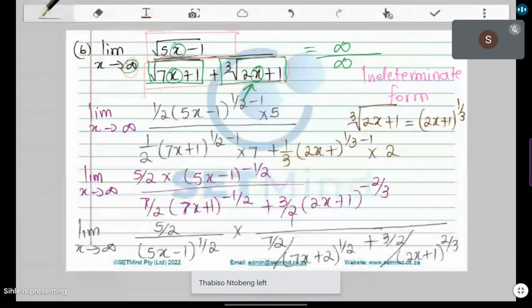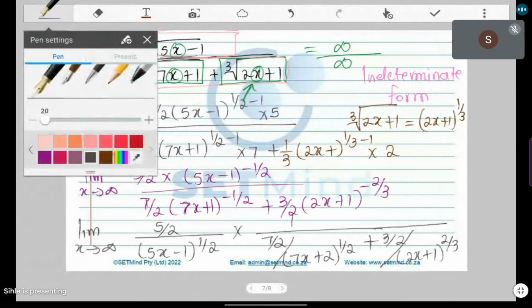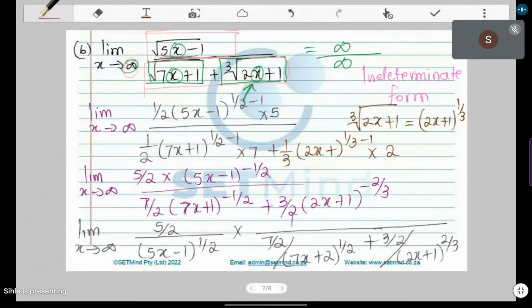This is how it's going to look. Looks really messy. But let's try again and see what happens.